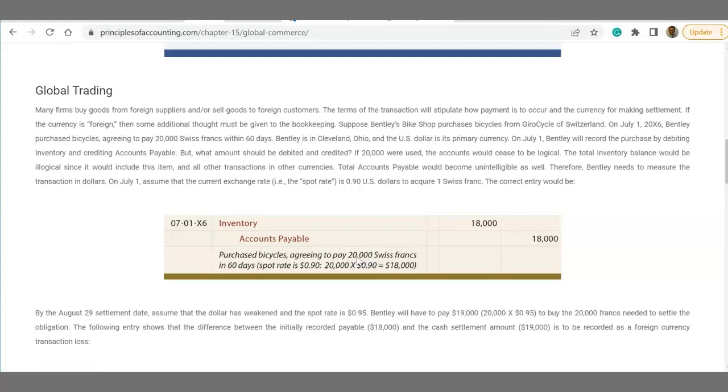How did you get that $18,000? Because the purchaser is agreeing to pay 20,000 Swiss francs in 60 days. Spot rate at that moment was 90 cents for each Swiss franc. So 20,000 Swiss francs times 90 cents ends up to be $18,000. You recognize that, very good.